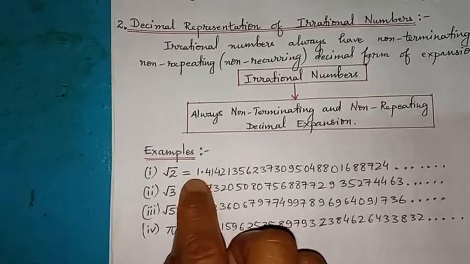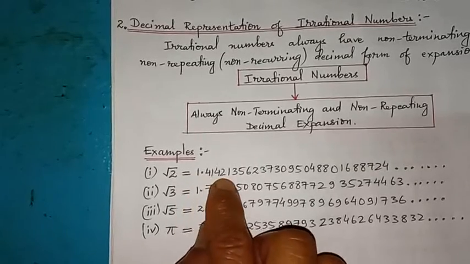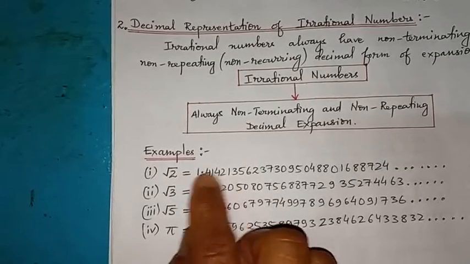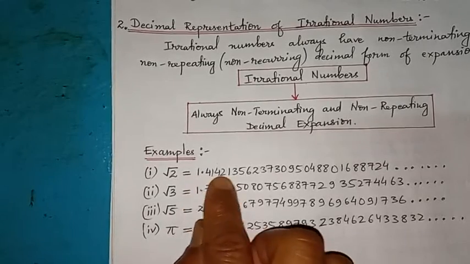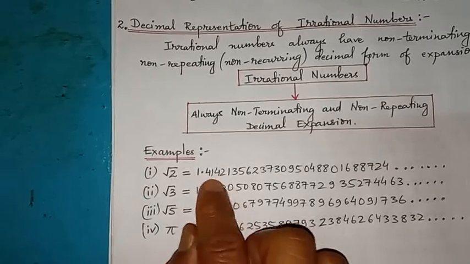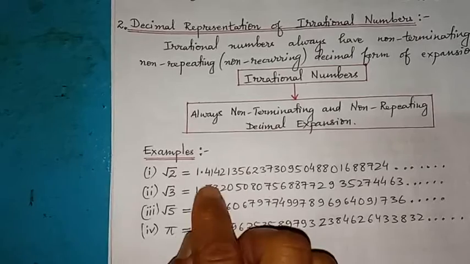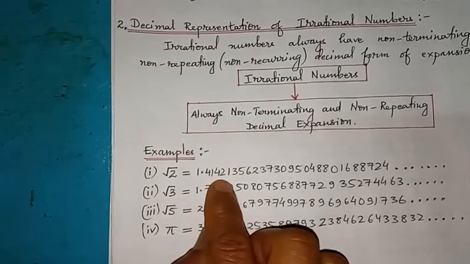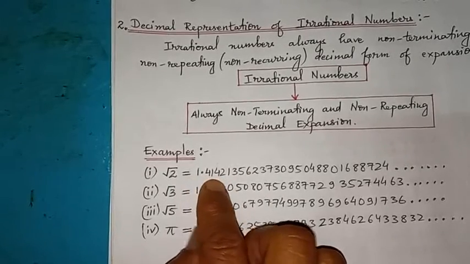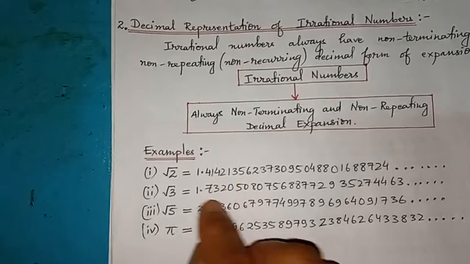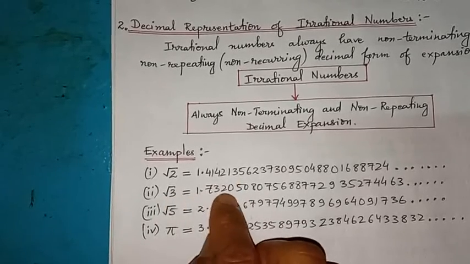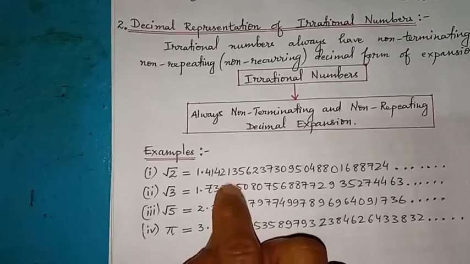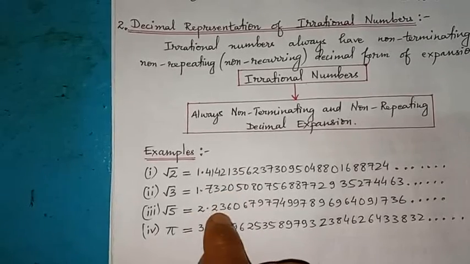Then I can put 1.41, or 1.414, or 1.4142. So we can take either 2, 3 or 4 places. These are rough values, not exact values. Same way for root 3, I can take 1.73, or 1.732, or 1.7321.